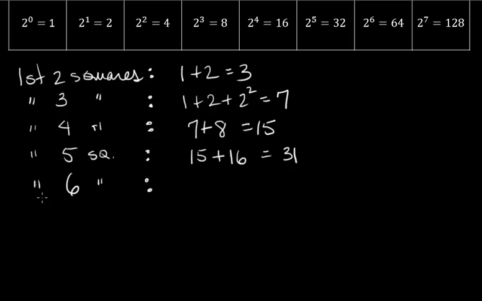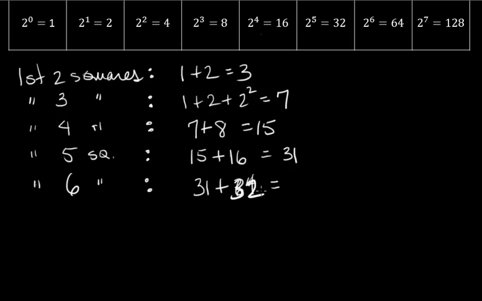Well, on the first 6 squares, 31 is on the first 5 squares, so we will add 2 to the 6th to that. Wait a minute, on the first 6, so we have 1, 2, 3, 4, 5, 6, excuse me, that's 32 I should have added.